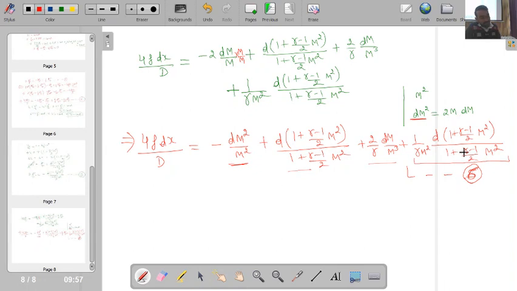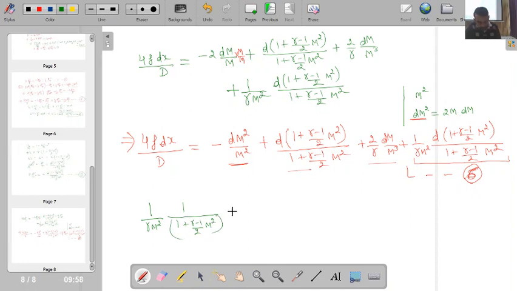For the last term, I have 1 by gamma M square times 1 by 1 + (gamma minus 1)/2 M square. Let me try to write this in simplified form.